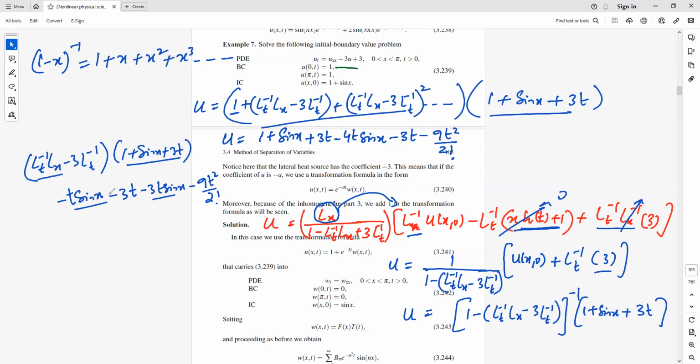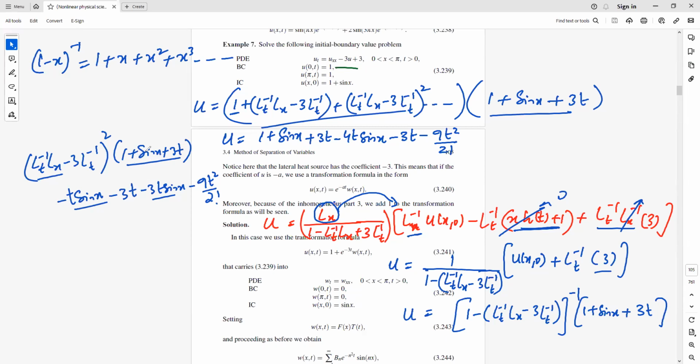All right, now we have the second term, that is the squared term, which means that this LT inverse Lx minus 3 LT inverse squared is applied on this function.